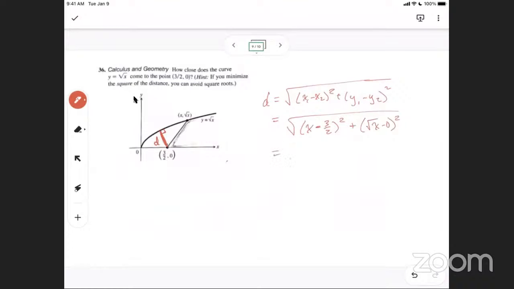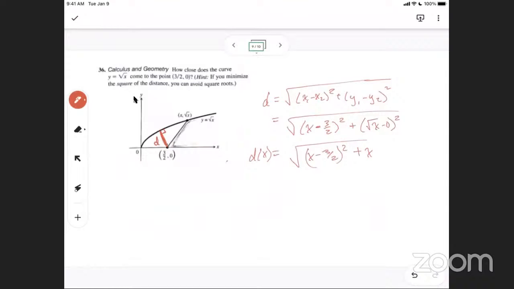So this is equal to the square root of x minus 3/2 squared plus x, because that x just went away. So that's my distance formula in terms of x, and we're trying to minimize that distance.